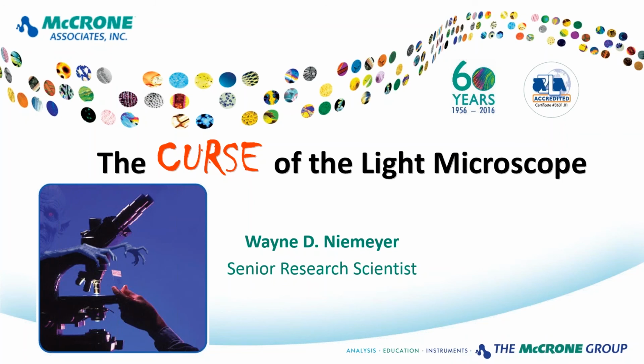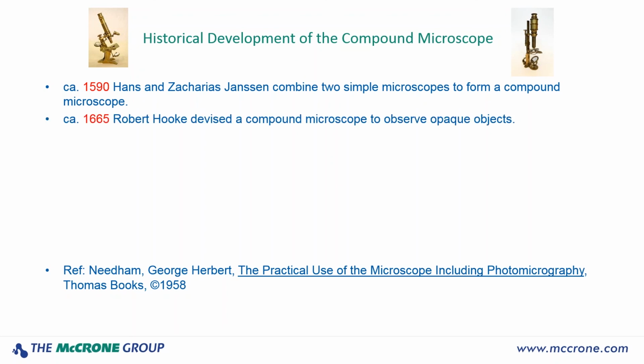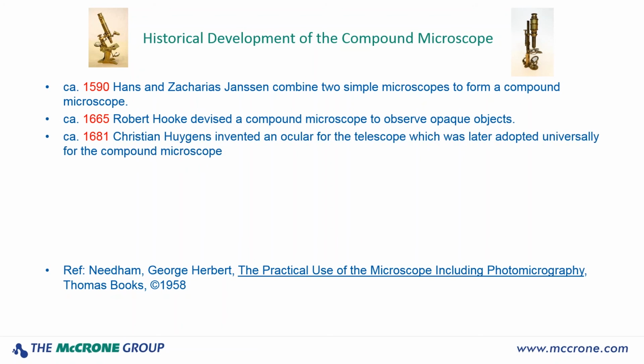And if we can advance the slide. There we go. Okay. So now I can give you some historical development of the microscopes and where the curse actually began, I guess. Circa 1590, Hans and Zacharias Janssen combined two simple microscopes to form a compound microscope. Then, circa 1665, Robert Hooke devised a compound microscope to observe opaque objects.